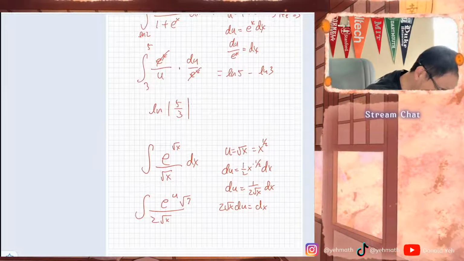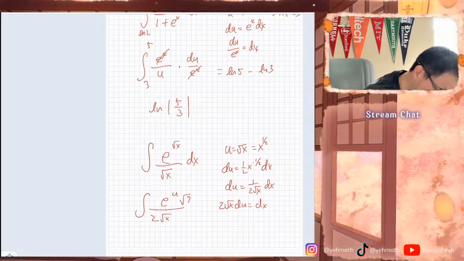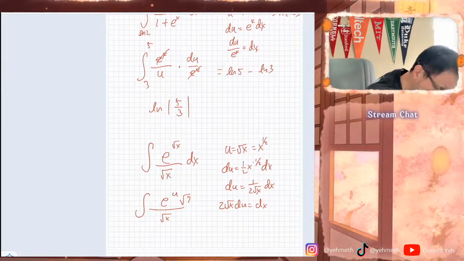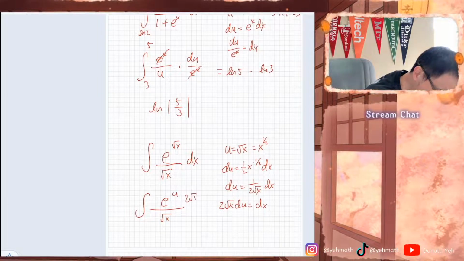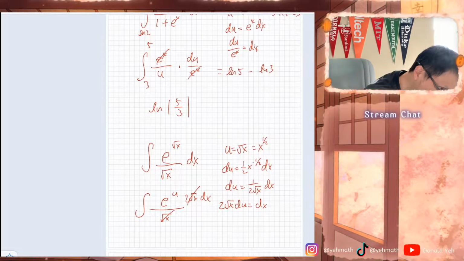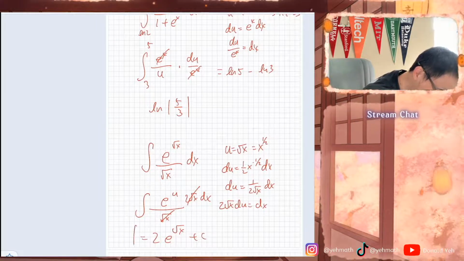I think I wrote down the 2 on the wrong side. So this cancels out. So it'll be 2e to the square root of x plus C. That's my final answer.